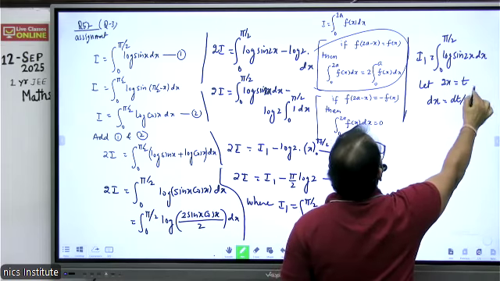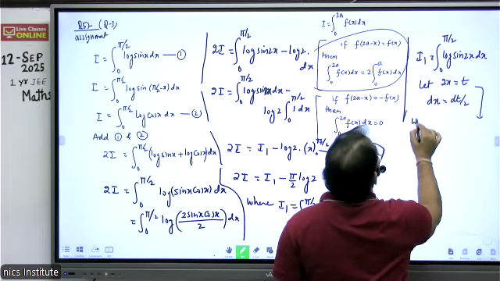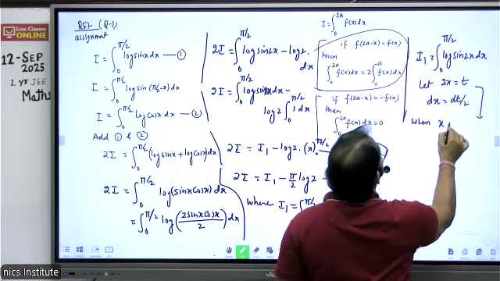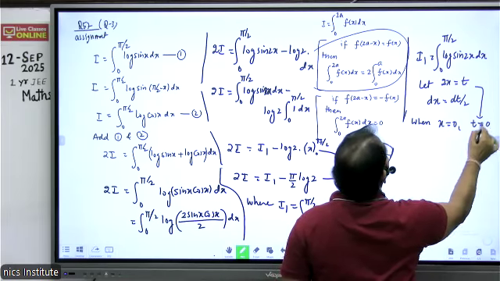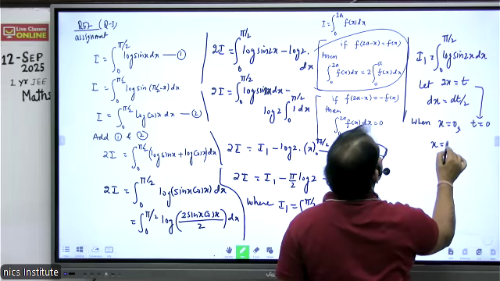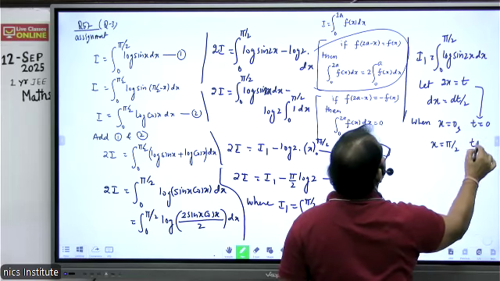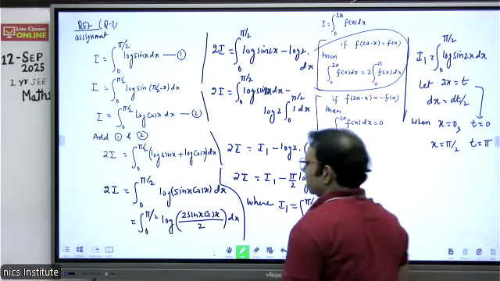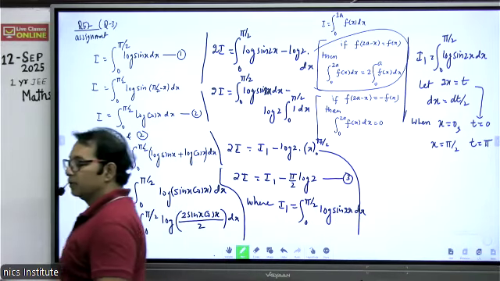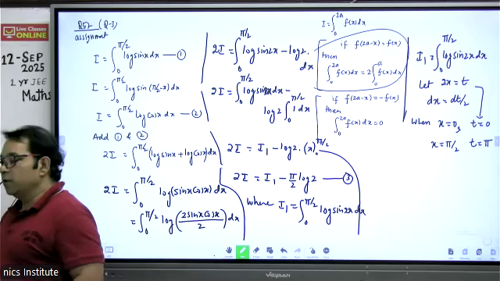So how would the limits change? When x is 0, t would be 0. And when x is pi by 2, t would be pi. So now the limits would change. Limits would be 0 to pi.